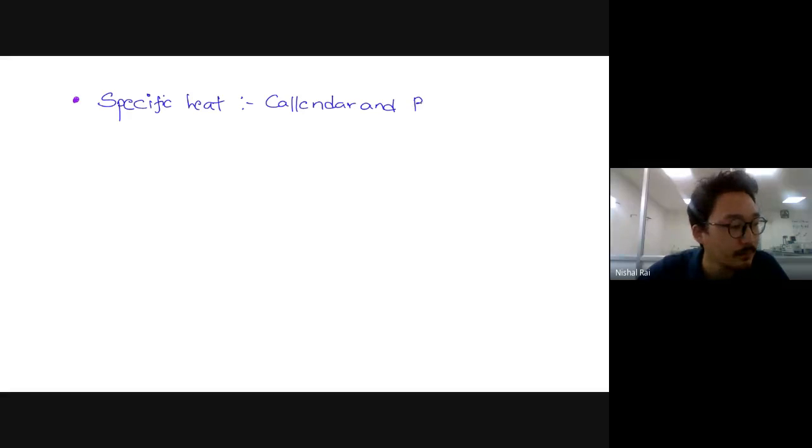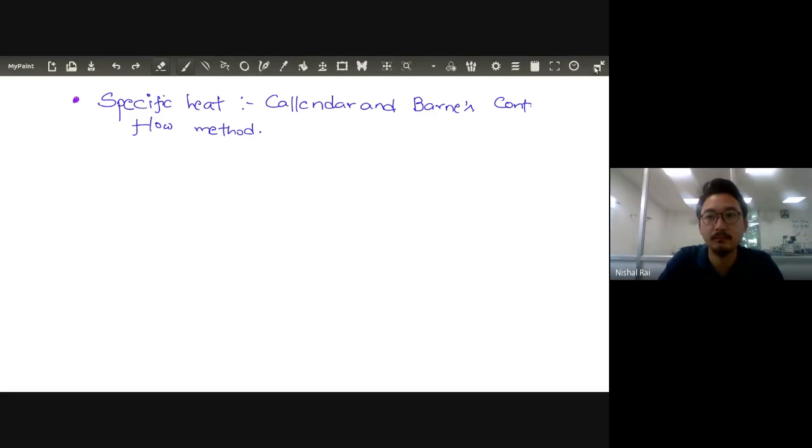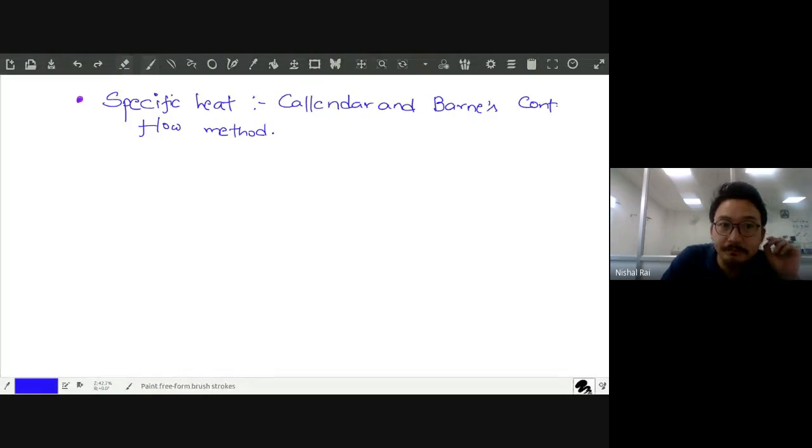Callendar and Barnes continuous flow method. Let's bring a diagram.